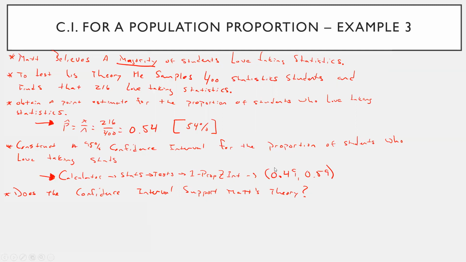That's the whole point of confidence intervals. The real value could be less than 50%. It could. So does the confidence interval support Matt's theory? No. Okay, so even though I think that a majority of students love taking stats, our confidence interval says it could be as low as 49%.